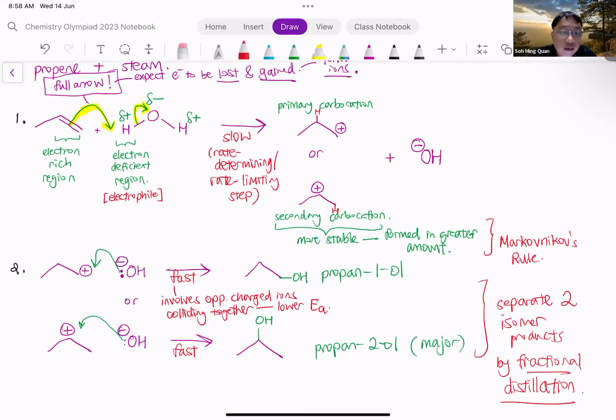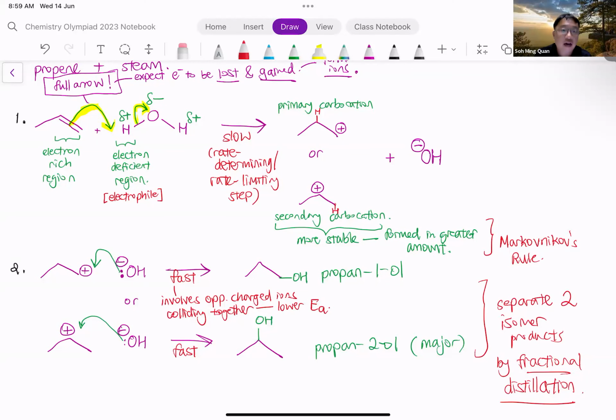But the mechanism will also be similar if I had used propene plus HBr, for example. Because we know that bromine is more electronegative than hydrogen. So if it's HBr, the hydrogen still has delta plus, the bromine has delta minus.